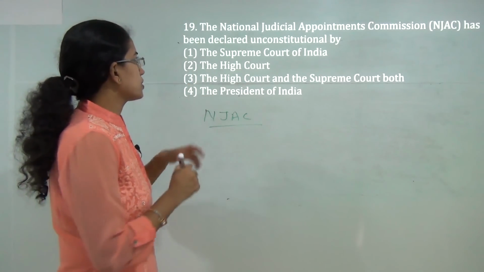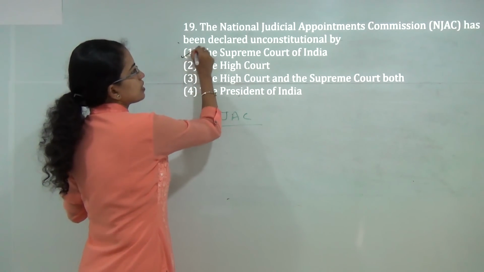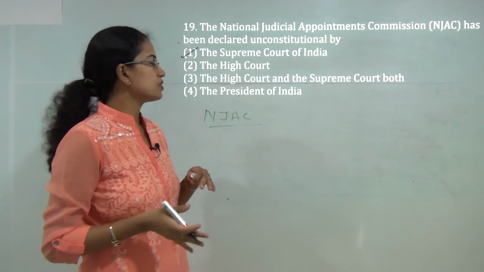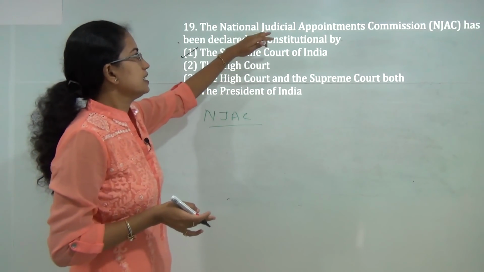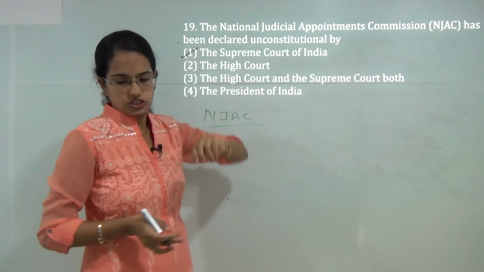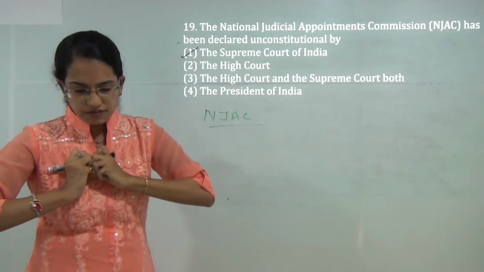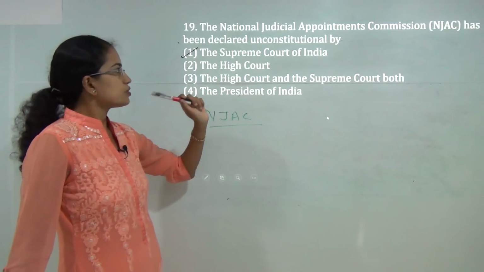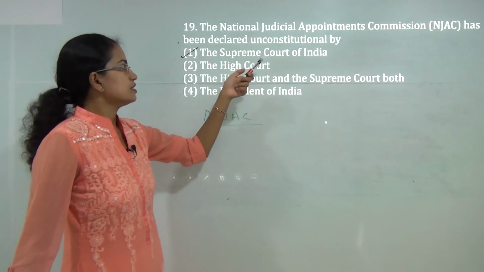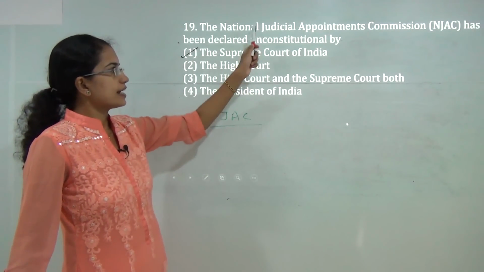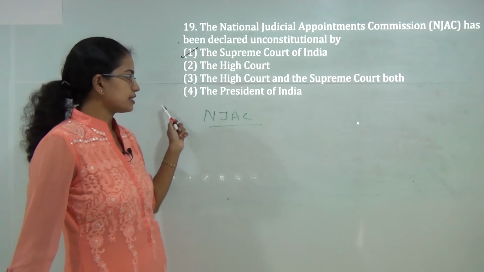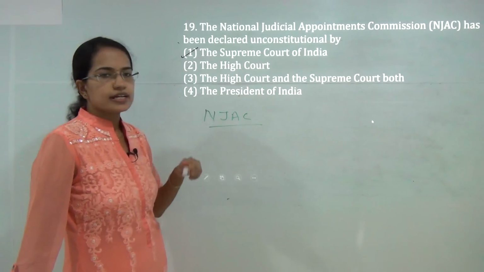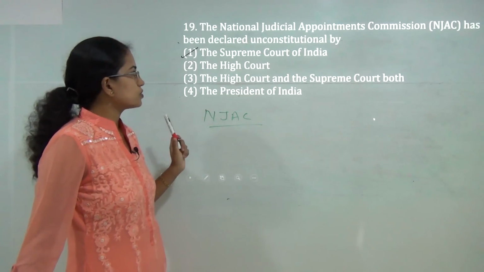However, the Supreme Court of India in October 2015 declared NJAC as unconstitutional, and this was decided after a petition that was filed by the advocates of the Supreme Court. So by that petition, the Supreme Court declared that NJAC is unconstitutional and there is no need for a body like this to appoint and transfer judges from one court to another.